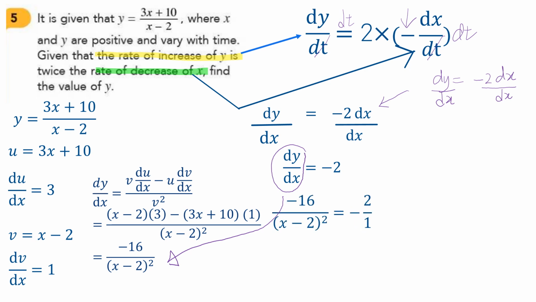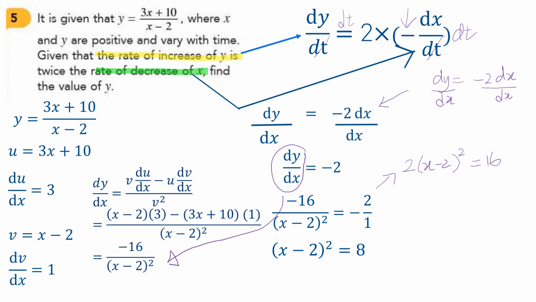Okay, and then, since both of them are negative, just multiply by negative on both sides. Sorry, you just do a cross multiply, and you will have 2 times bracket x minus 2 equals 16.